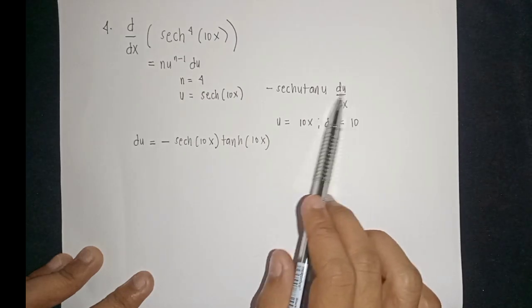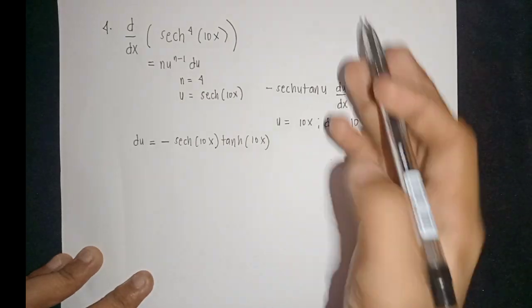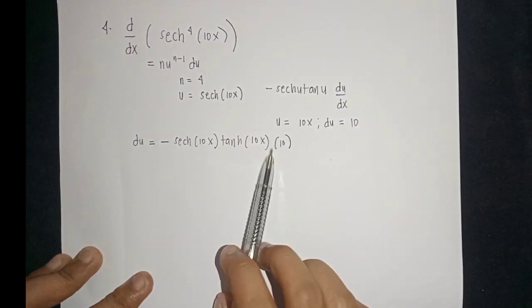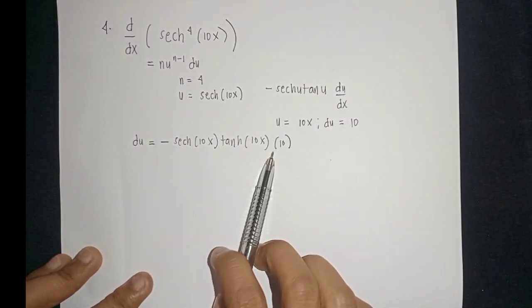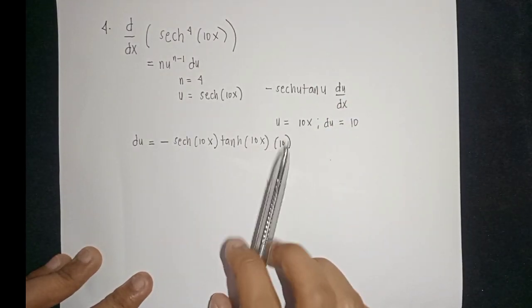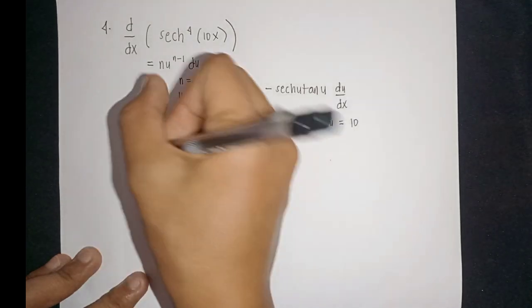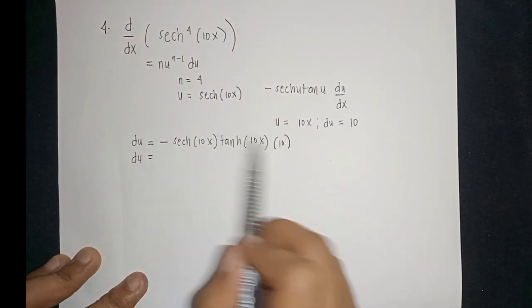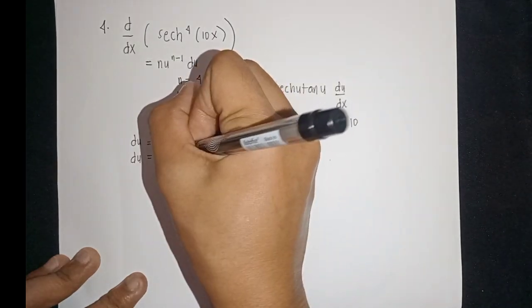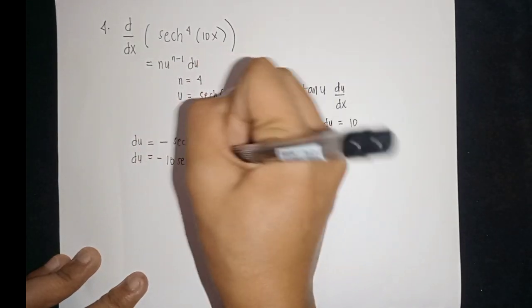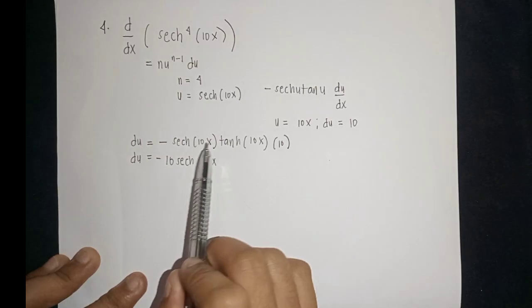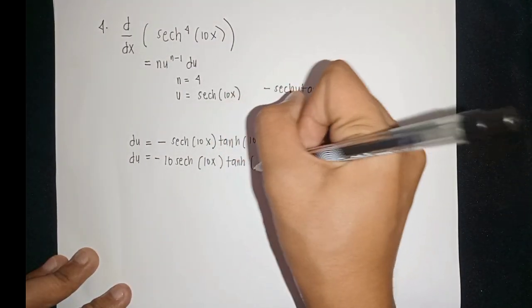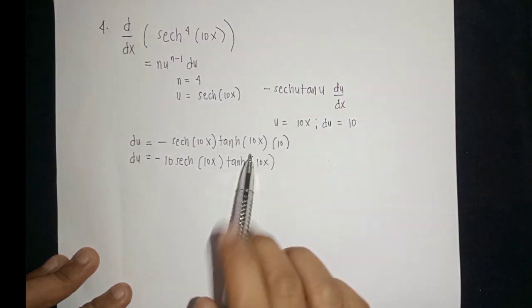And for the du, which is the derivative of u, it is 10. So we notice that we can still differentiate this. So if we multiply the negative and the 10, it will equal negative 10 sech 10x times tanh 10x.